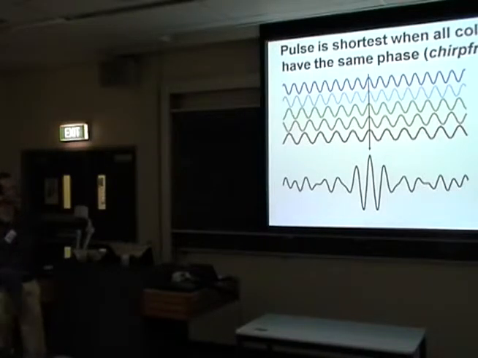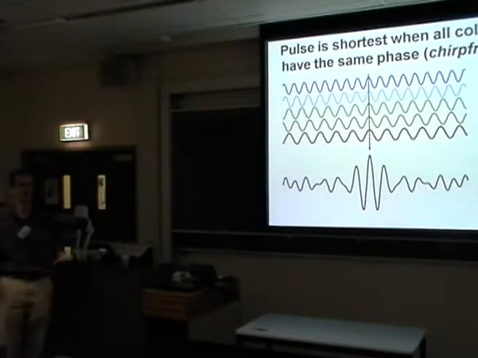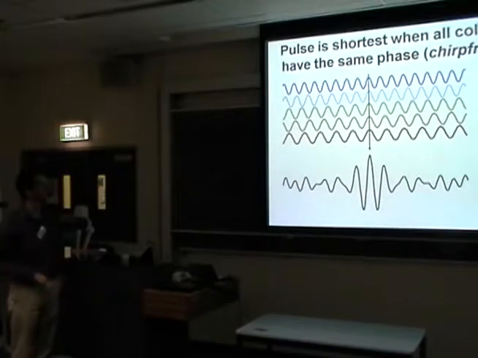Well, here is the situation. This is good, all lined up, I get a short pulse. Well, I have a little chunk out here because I have only 5 modes. In real life, I have 2 million modes, so there is no chunk here.